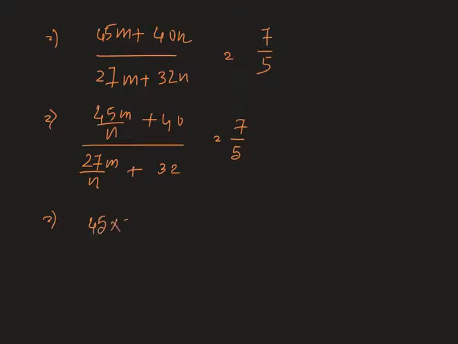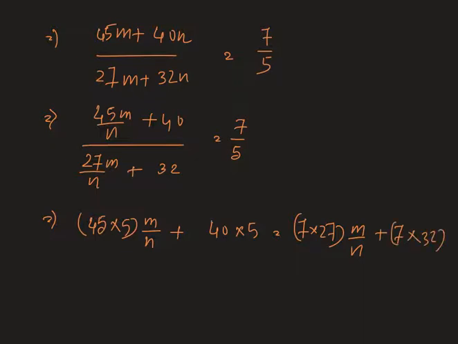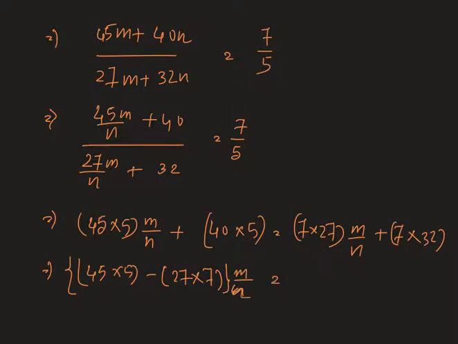Therefore 45 into m by n plus 40 into 5 is equal to 7 into 27 m by n plus 7 into 32. Or we can write (45 into 5 minus 27 into 7) multiplied by m by n is equal to 7 into 32 minus 40 into 5.